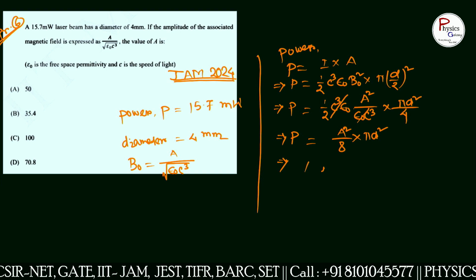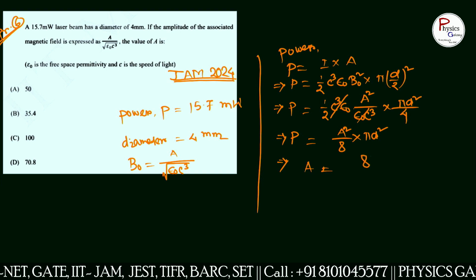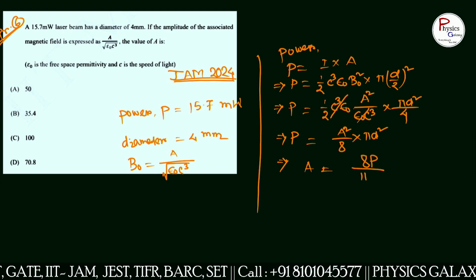Next, the value of A square equals to 8P by pi D square.